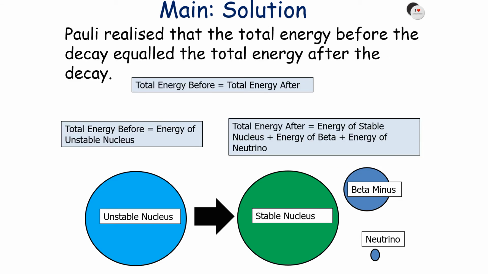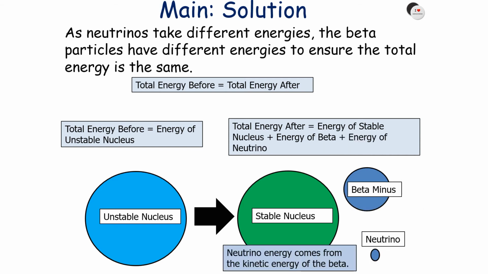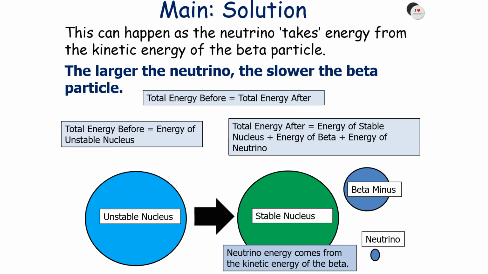So Pauli realized that the total energy before decay equaled the total energy after the decay if you consider the energy of the neutrino which was also produced. Because if we didn't consider the neutrino, the total energies don't equal each other, so therefore we have the beta decay problem. So the neutrino energy comes from some of the kinetic energy of the beta. So what this means is the larger the neutrino energy, the slower the beta particle, because the neutrino is taking some of the energy away from the beta particle.